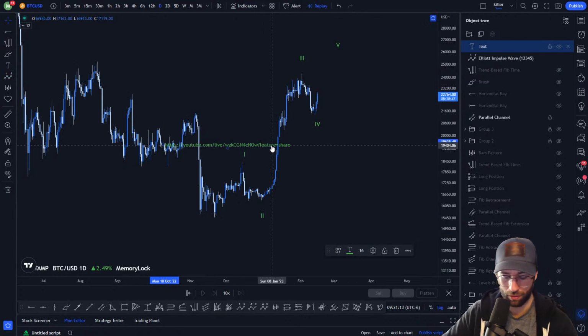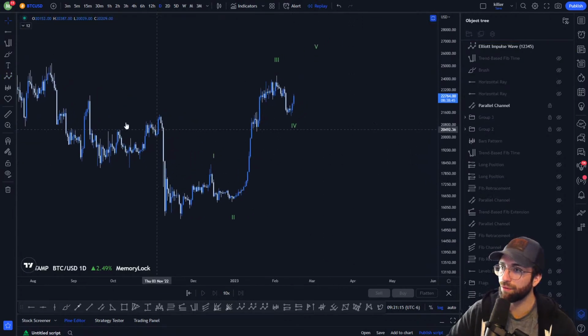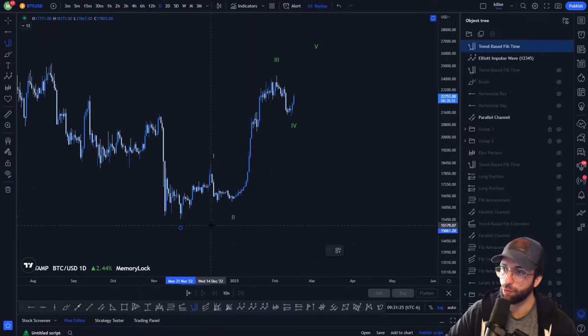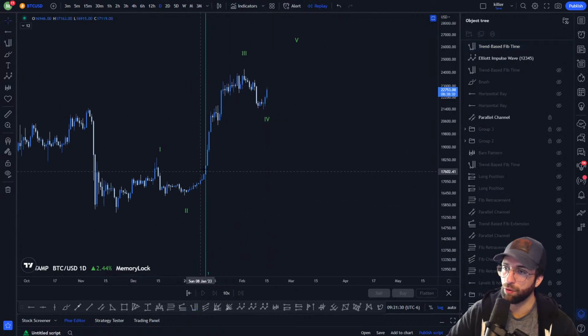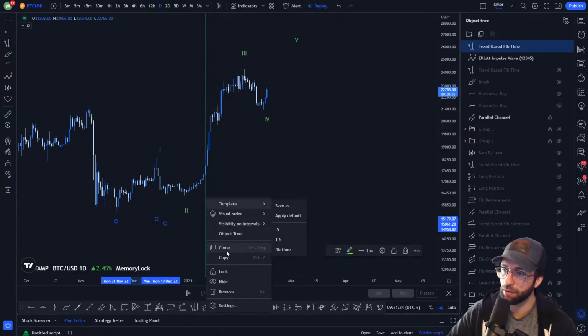There are some rules, right? For example, wave 3 can't be the shortest wave. So what you could do is this would be wave 1, and you would put it at the bottom of wave 2, and you would say, well, wave 3 needs to be longer than this. Okay, simple. Great.